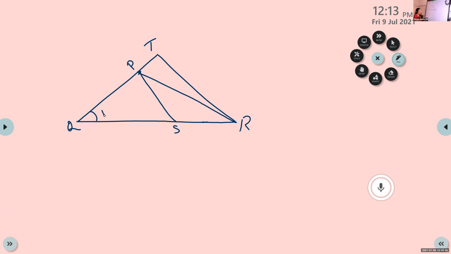Don't confuse with the angles. Draw a neat figure, then only you can understand. This is angle 2. Only this.